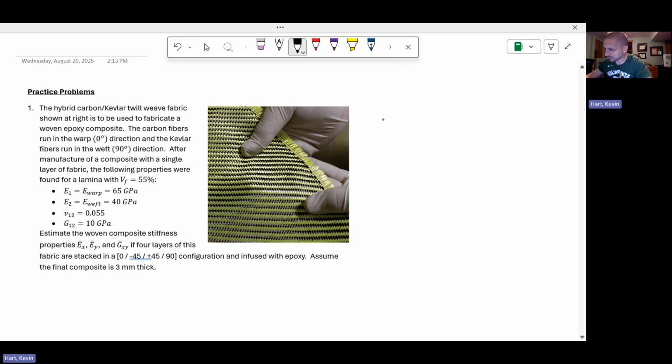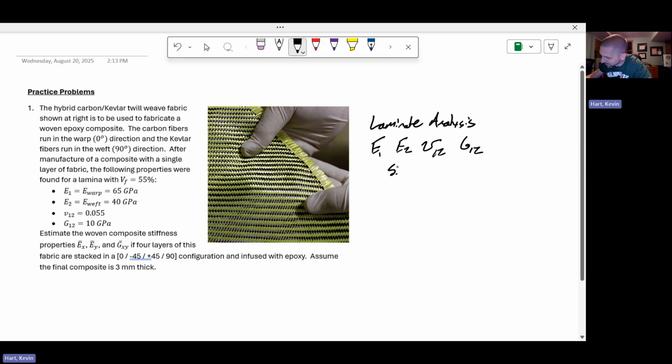Okay, so let's talk about how we're going to do this. This is more or less just going to proceed like a normal laminate analysis. The idea is to take E1, E2, Nu12, and G12 for a single layer of this fabric, which are given to us over here.